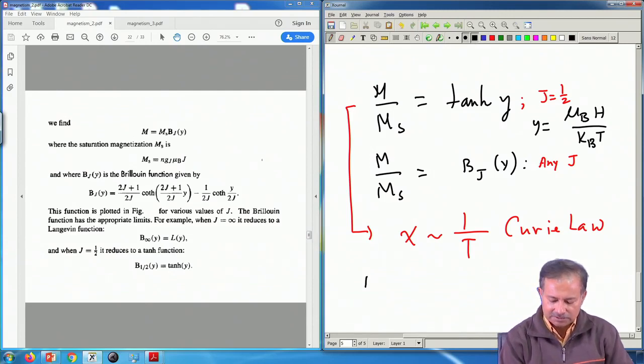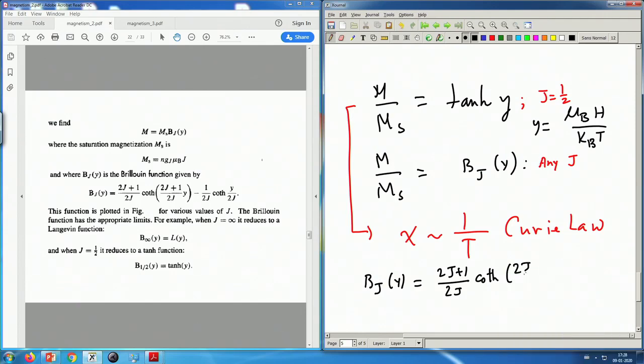It has this coth of (2j plus 1) by 2j times y, minus 1 by 2j coth of 1 by 2j into y.